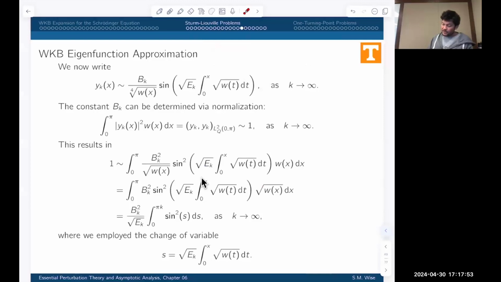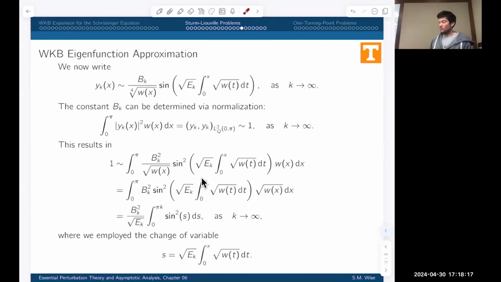You can also approximate the eigenfunctions themselves, not just the eigenvalues. Once I have this quantization figured out for E_k, I then know what my eigenfunctions are. Now, the B_k's, how can I determine those? I can determine those through the process of normalization.